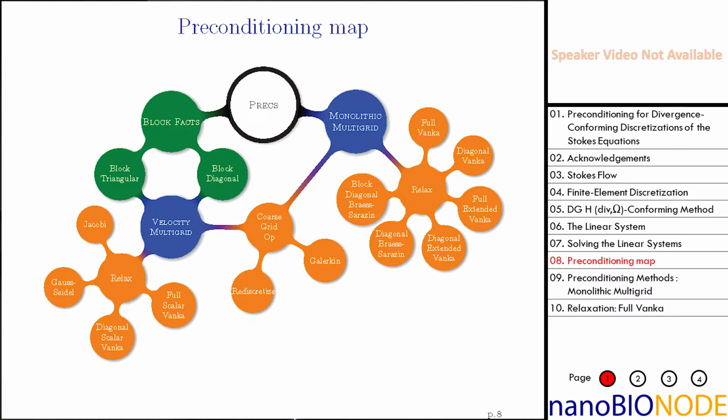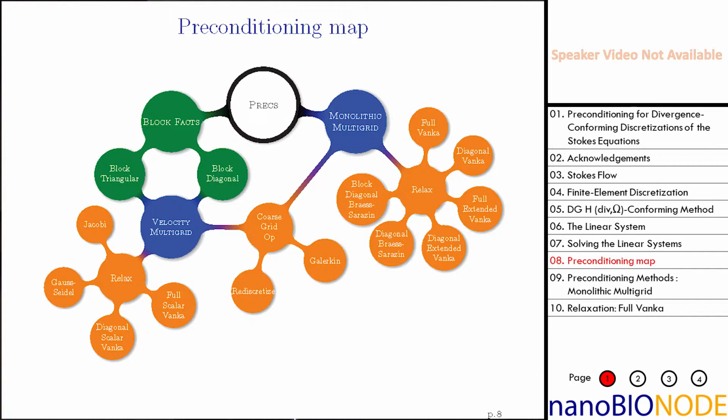So you either have a block triangular preconditioner or a block diagonal preconditioner. And in those, you need to precondition your vector Laplacian. And in order to do that, we're going to use what we call velocity multigrid, just to contrast to monolithic multigrid, which is on the whole system. And within that multigrid method, you can look at different coarse grid operators.